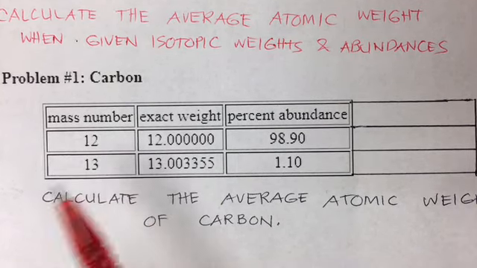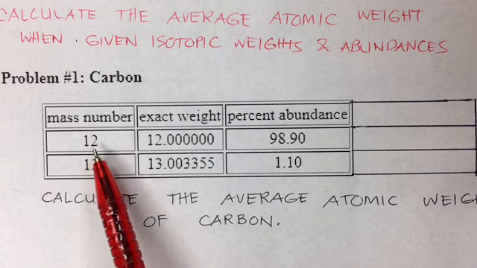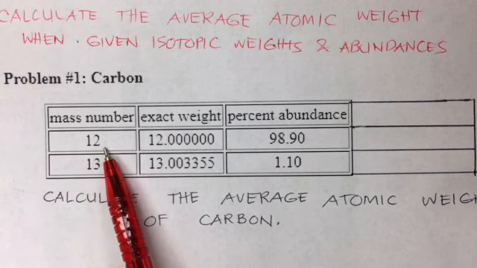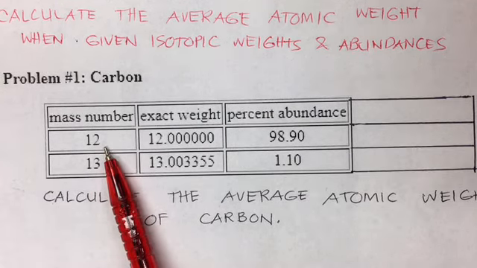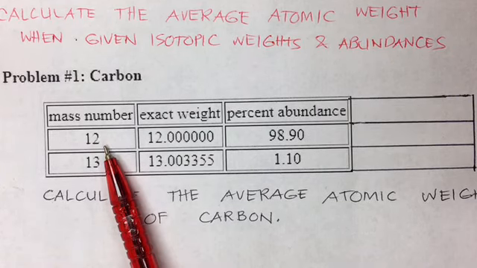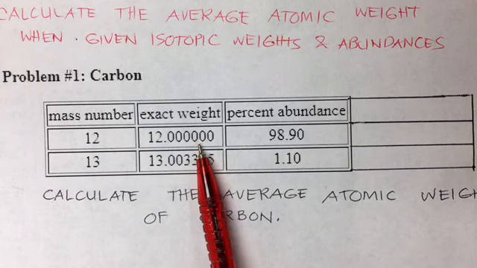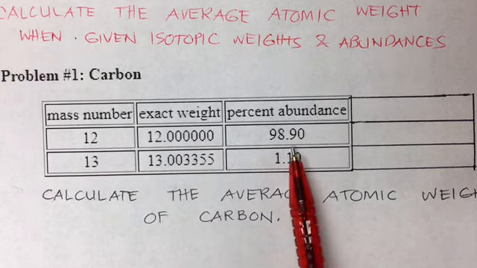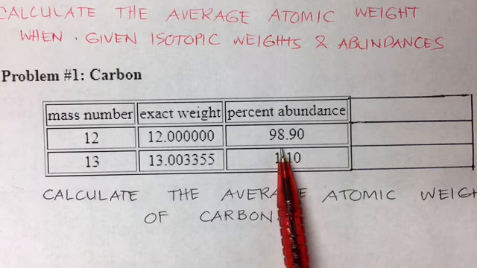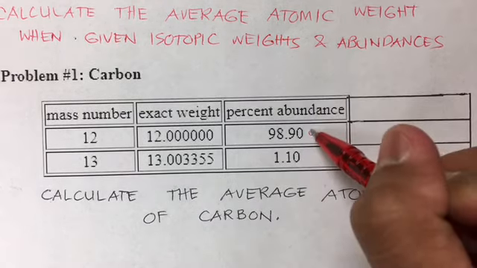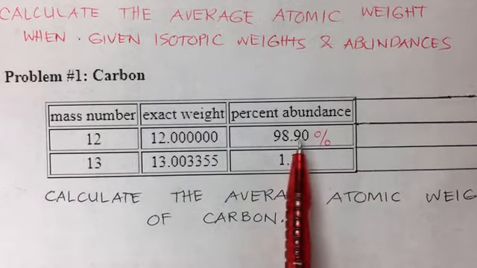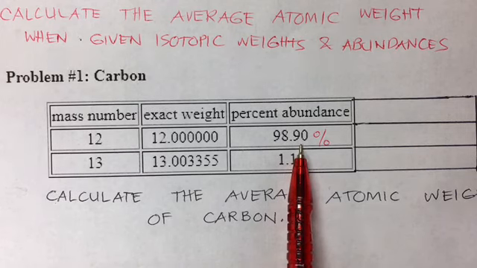So the mass number of carbon 12 of course is 12 because that means that it has 6 neutrons and 6 protons. That's why it's 12. The exact weight of that isotope is 12 also. And the percent abundance is 98.90%. So that means this is the most common isotope of carbon.